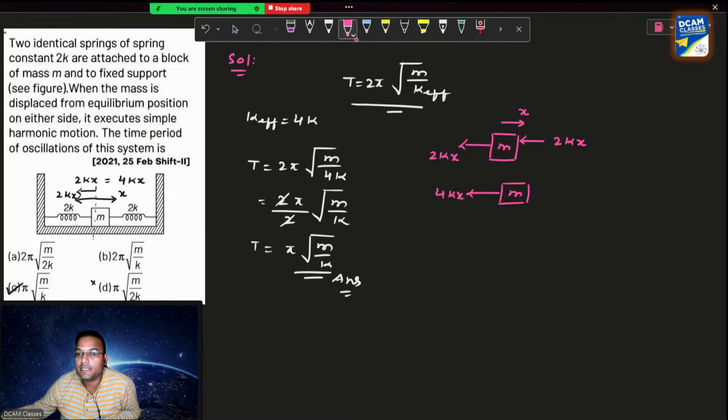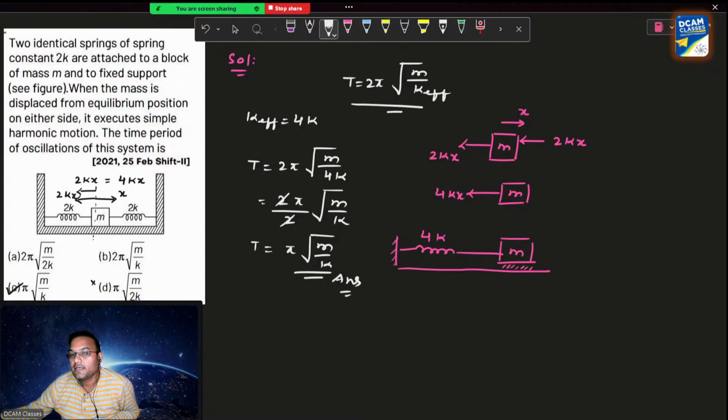This system is like there is a mass M and a spring attached to it whose spring constant is 4k. This is not that case.